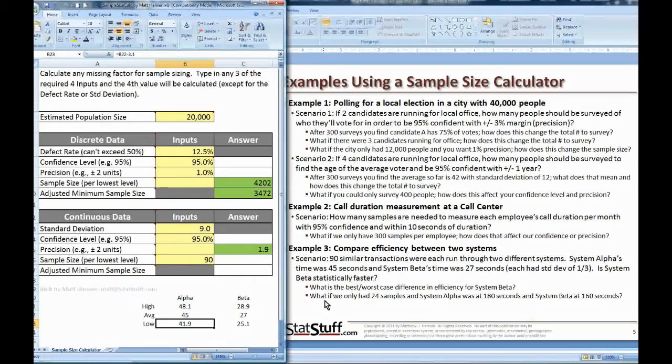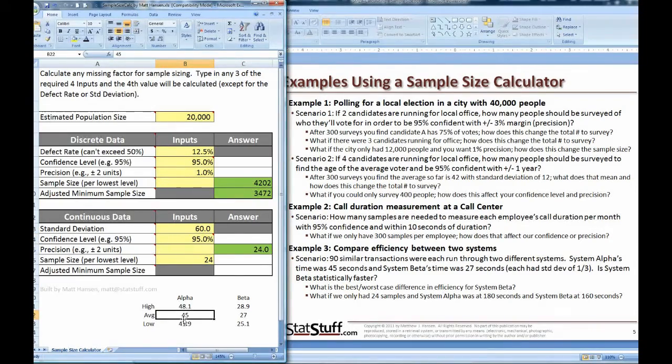Now let's adjust this a little bit more. Let's say we only had 24 samples to look at, so that's going to adjust the number of samples. And let's say that system alpha was actually 180 seconds and system beta was 160 seconds. We'll use the same standard deviation being a third, so for system alpha, a third of 180 seconds is 60. So plug that in, and the precision is 24 seconds.